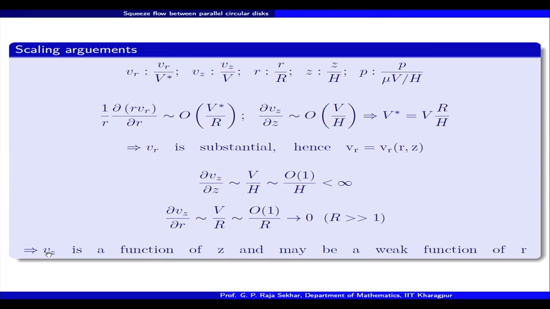We go with V z as merely a function of z alone and proceed with the analysis. If you can visualize, suppose you have two discs pressing, the flow gets like this. So radial velocity has a lot of importance in this problem, and that is what we have seen mathematically.